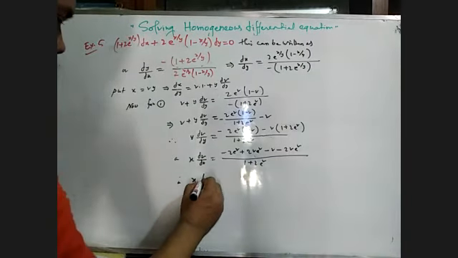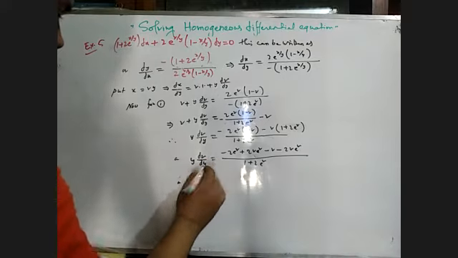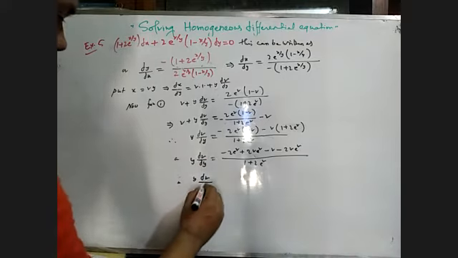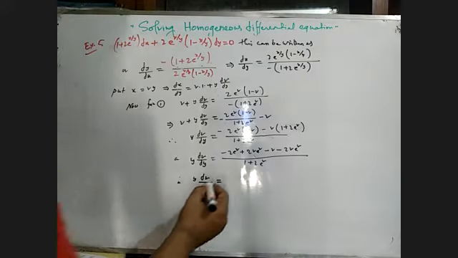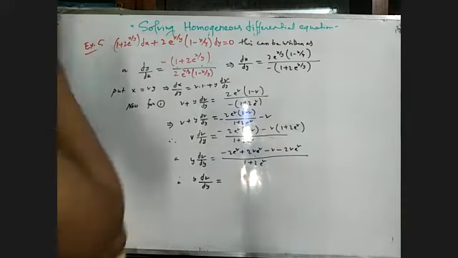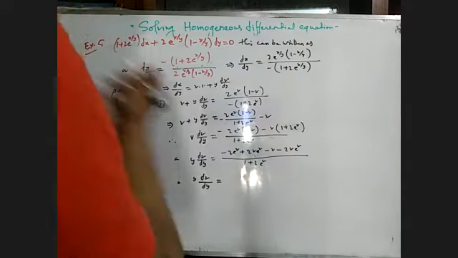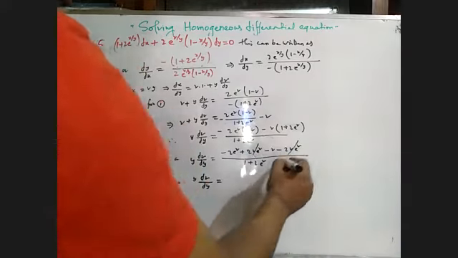Now from this will be y dy. Okay, y dy equals to what will be, actually what we get, this will be cancelled, right?